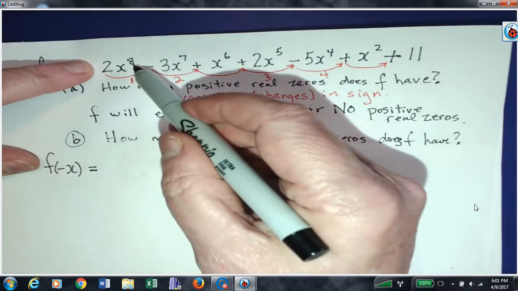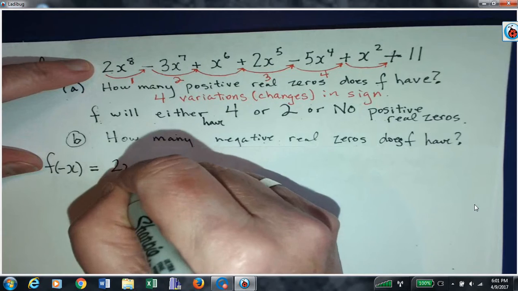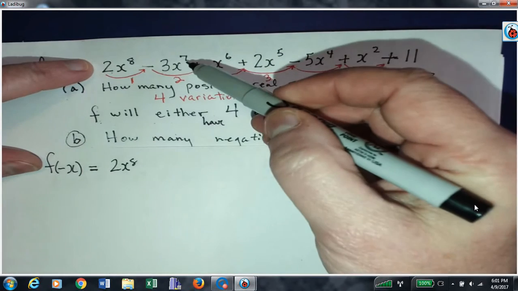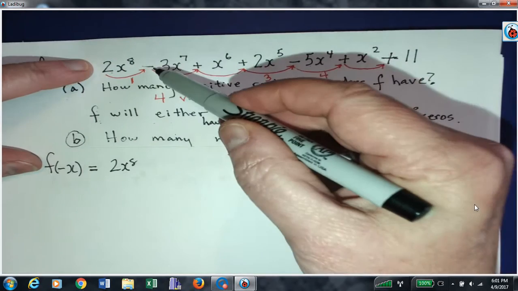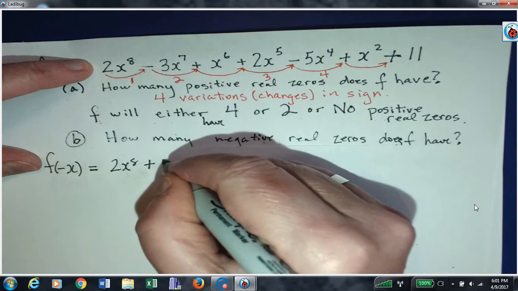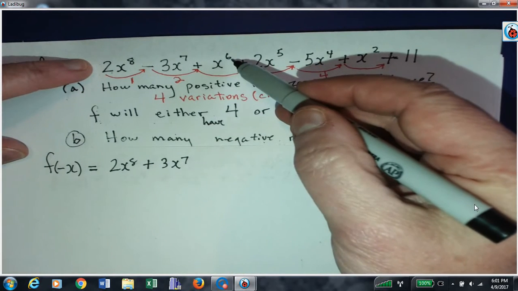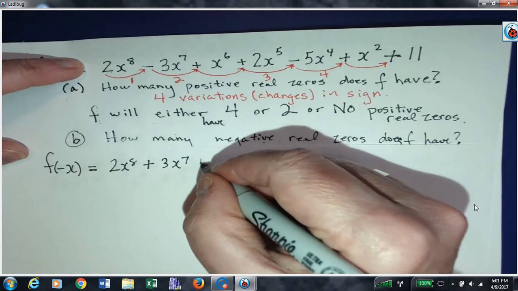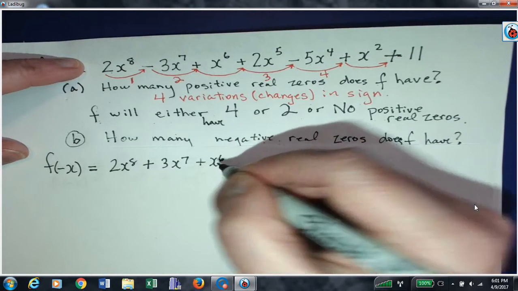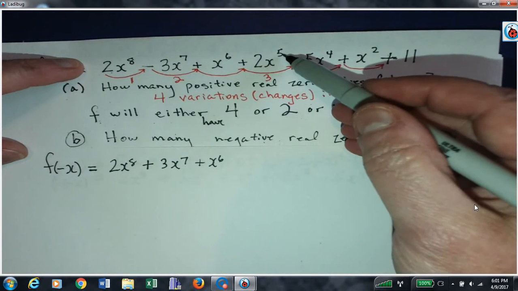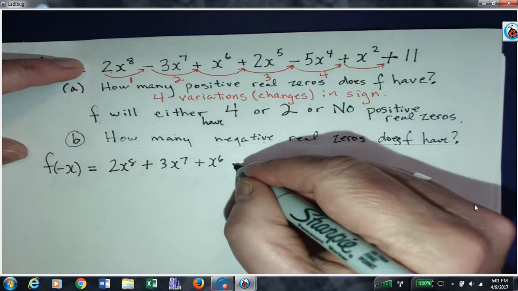The exponent is even, nothing changes. The exponent is odd, the sign will change. The exponent is even, nothing changes. The exponent is odd, the sign will change.